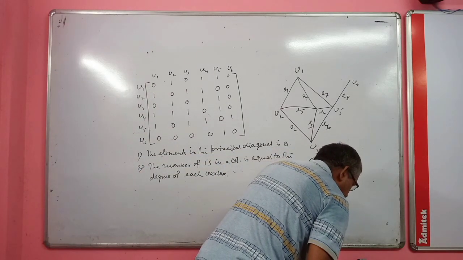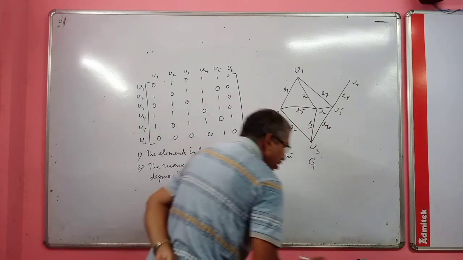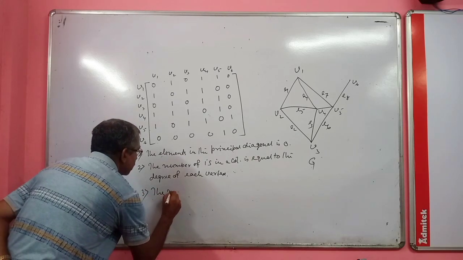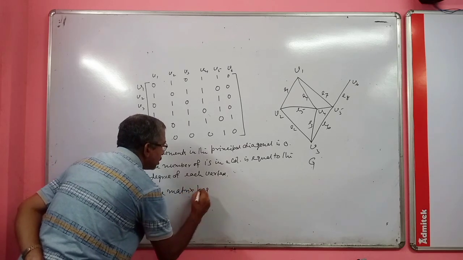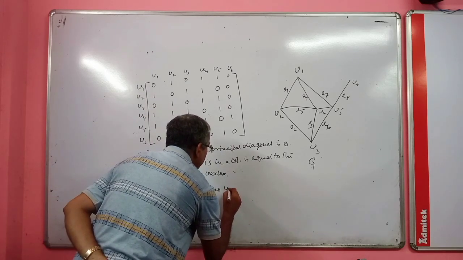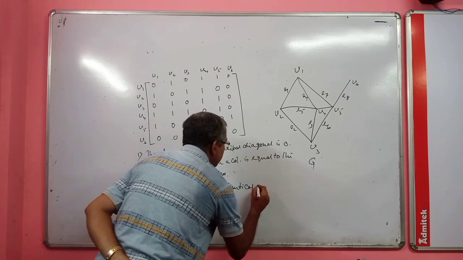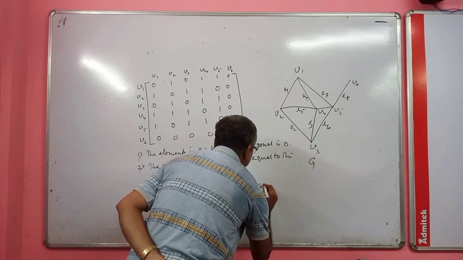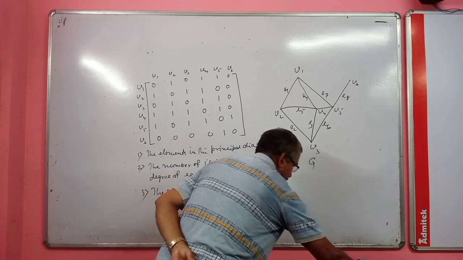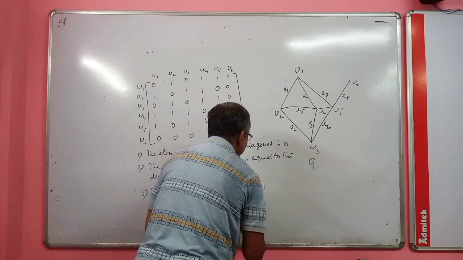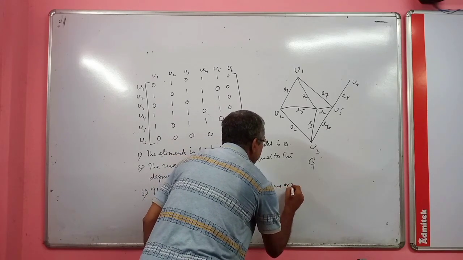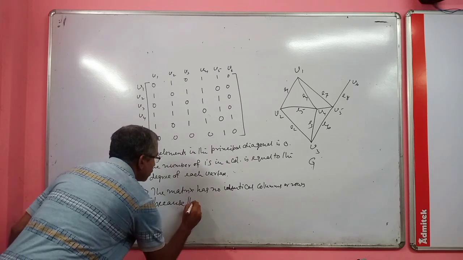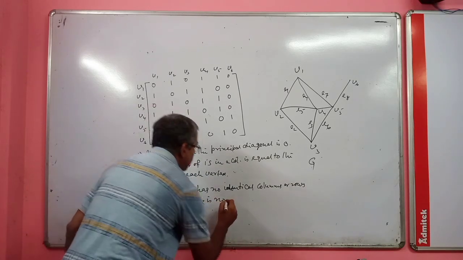Number 3, the matrix has no identical columns or rows because there is no parallelism.